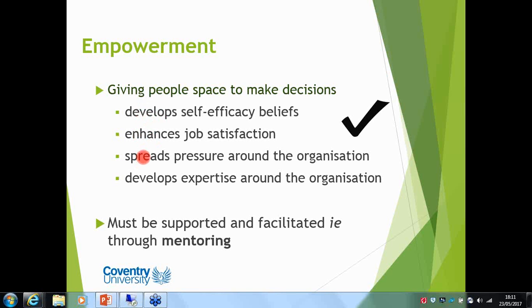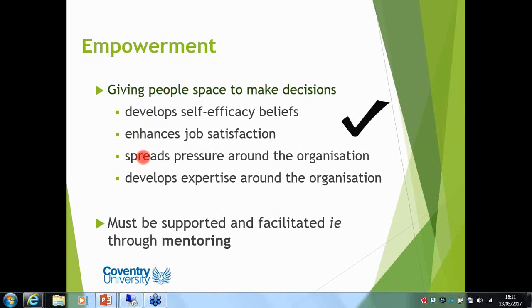And I think here it also potentially spreads some of the expertise and therefore some of the pressure around the organisation. And again, this is where there is quite a challenge for managers, and in some cases, inexperienced managers, or perhaps managers that worked in perhaps not the most comfortable working environments, will feel that they need to keep knowledge and control with themselves, because this is how they will prove that they are indispensable and therefore promotable and will give themselves enhanced security.